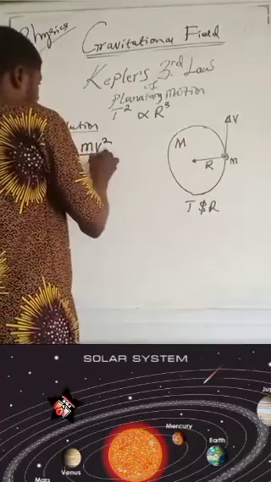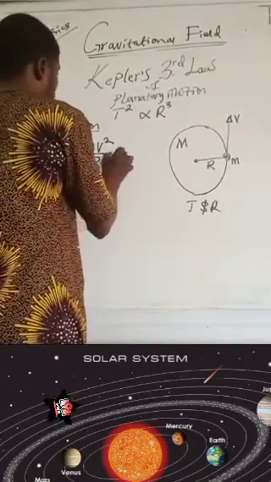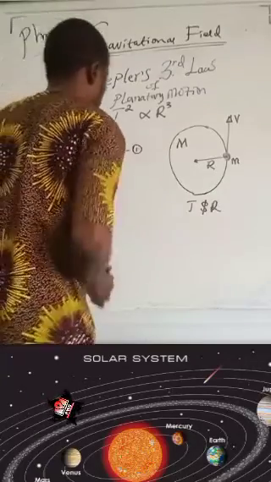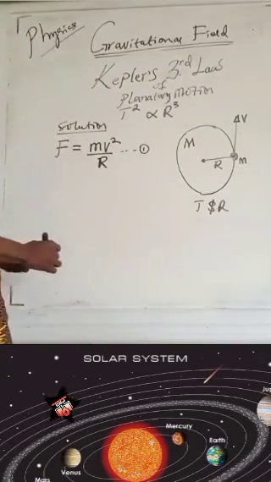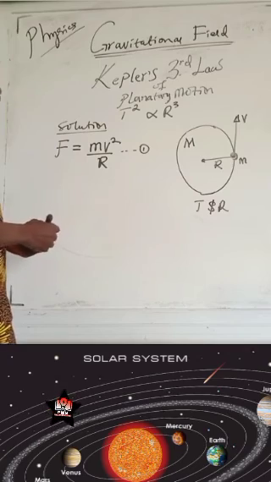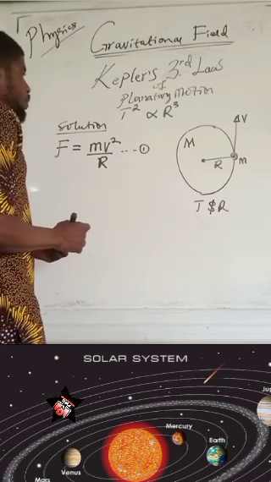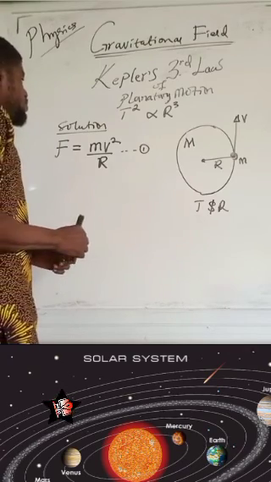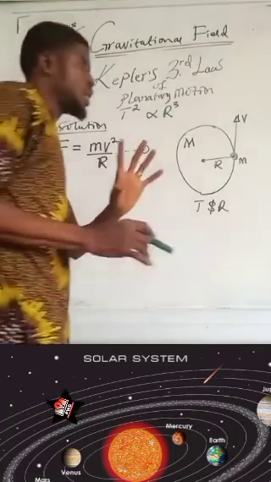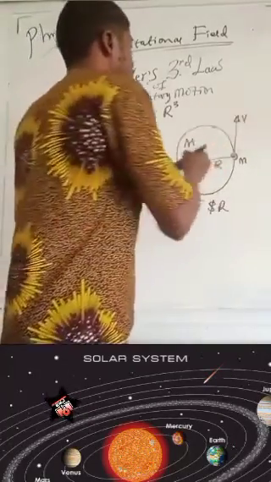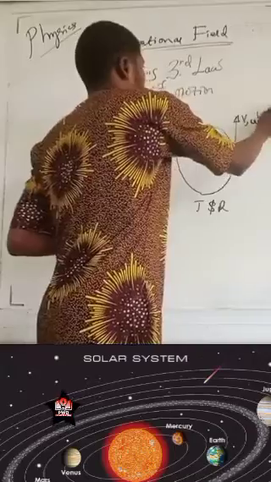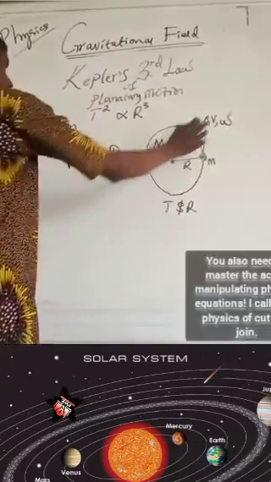In this case, let's say capital R. And let's call this equation number 1. Again, the body moves with a tangential velocity and also an angular velocity.